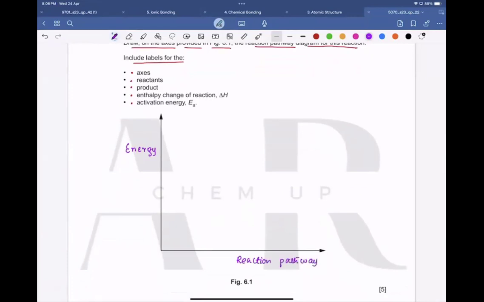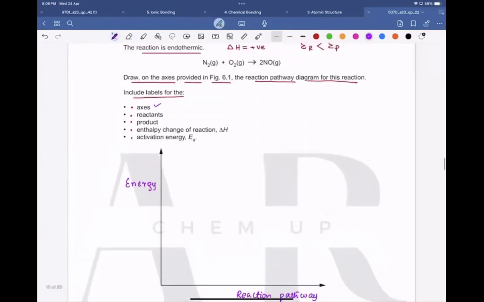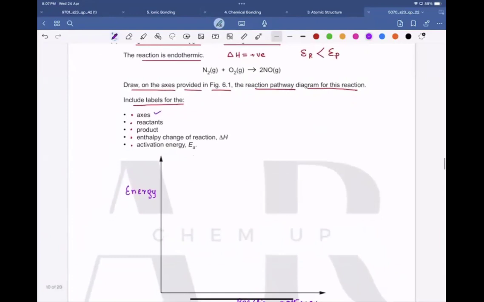So we are done with this. Now, reactants. We have decided that the reactants' energy is lower, so we make the reactants over here and the products over here. So I'm going to write reactants and products.